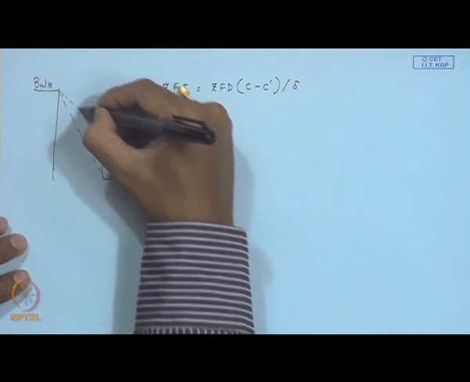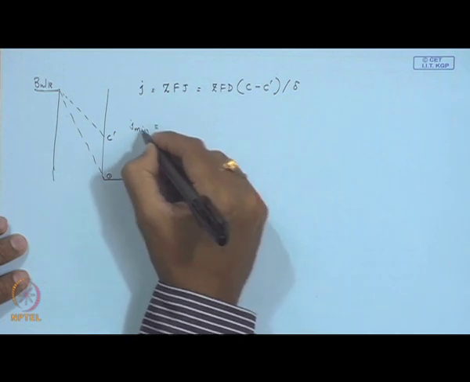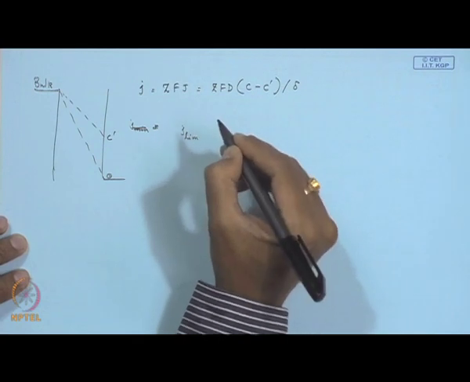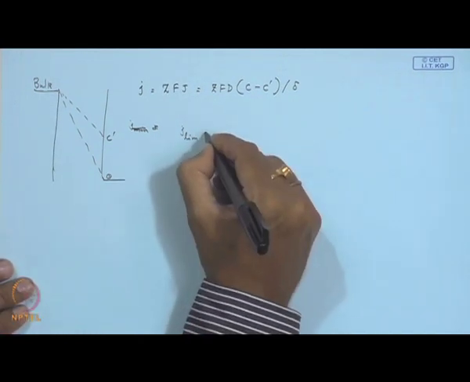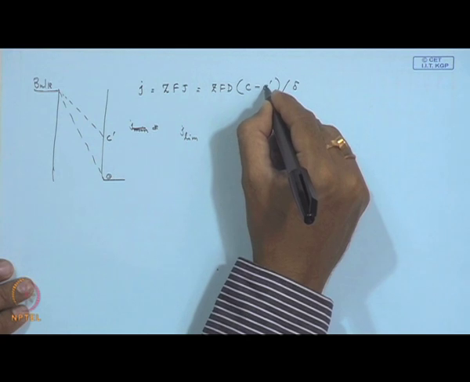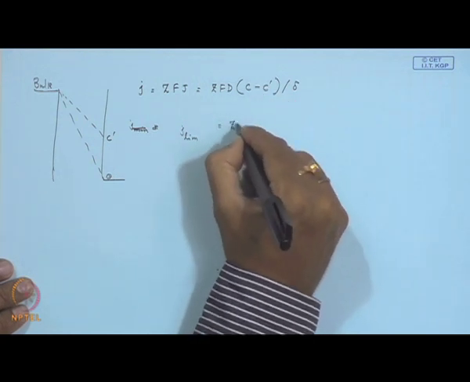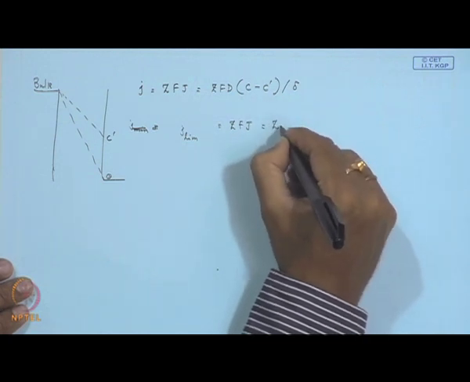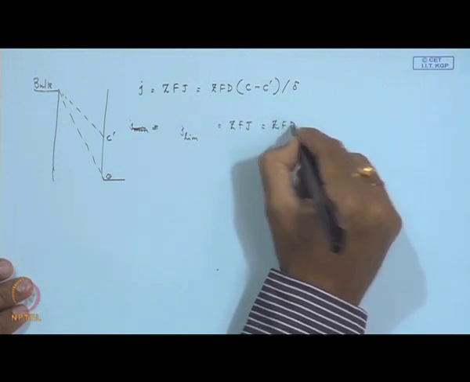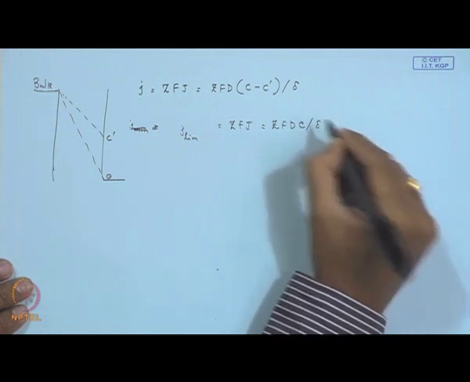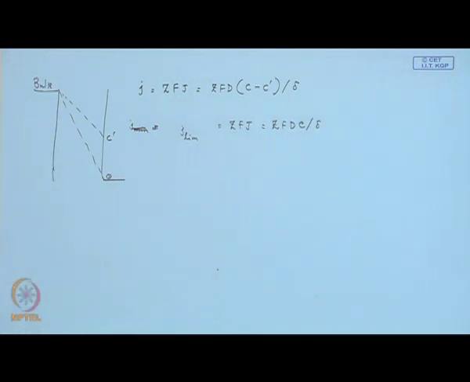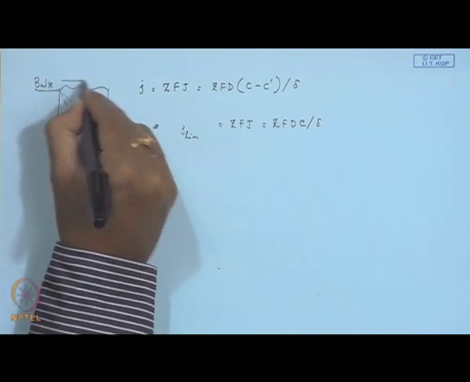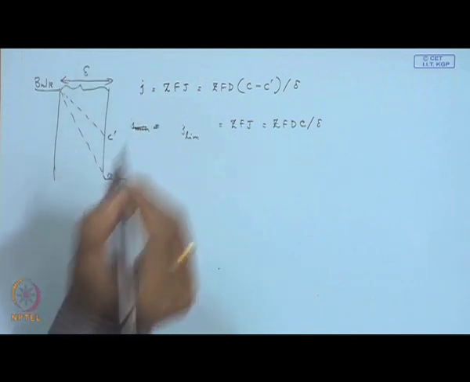This gradient is less, this gradient is more, that is why this limiting current J limit is not the minimum, sorry. So, the limiting current will be given by putting C prime equal to 0. So, Z F J equals Z F D C divided by delta, that is the limiting current. So, it is the maximum rate of diffusion across the Nernst layer delta.